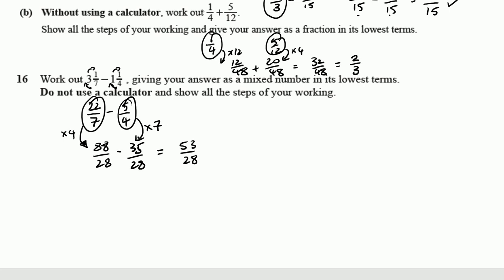It does say to give my answer as a mixed number. So 28 out of 28 would be 1. So that 1 over there is 28/28. And I have left over, after I've done that, I've got to figure out how I'd get to 53. So I'd be adding 25.